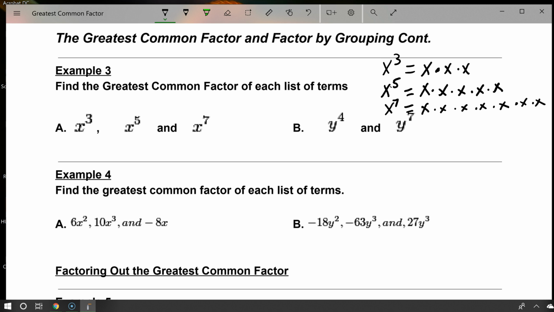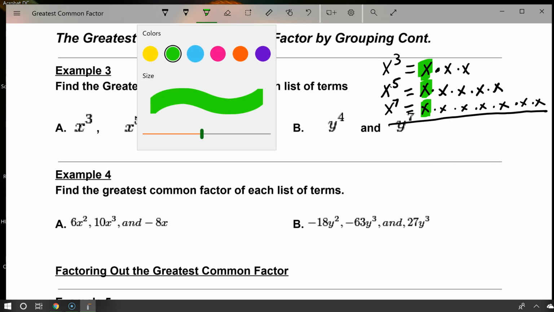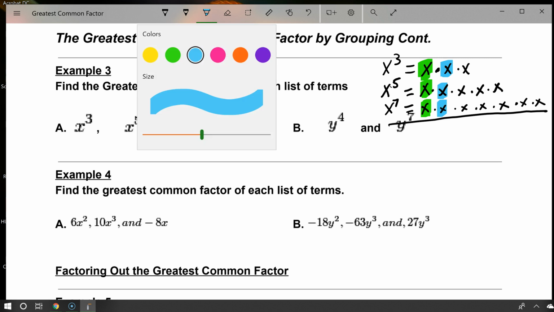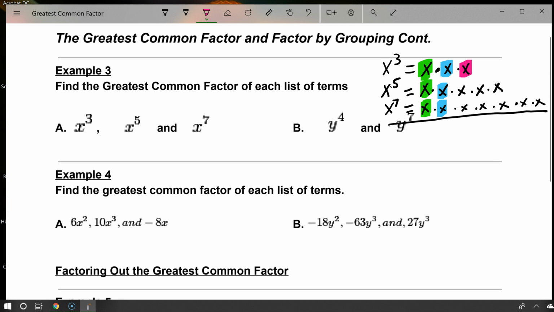Now we have to find what they have in common. In this case, they have one x in common, another x in common, and then the third x in common. So the greatest common factor, and I'm going to write GCF, will be x times x times x, which will be x to the third power.